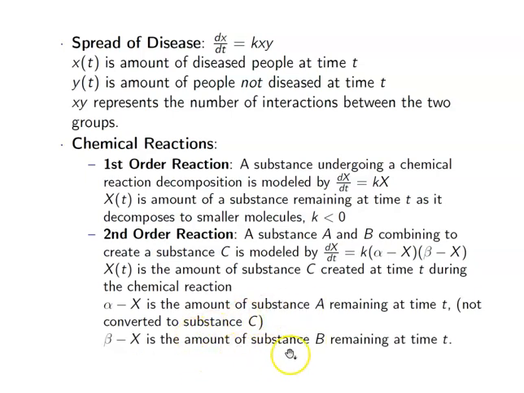Beta minus x is the amount of substance B remaining at time t. So this is the amount that has not converted to substance C also. Okay, so that's chemical reaction. So the amount of C being created is a constant multiple of the number of interactions between the amount of A and B that is left. Okay? So that's our chemistry applications.